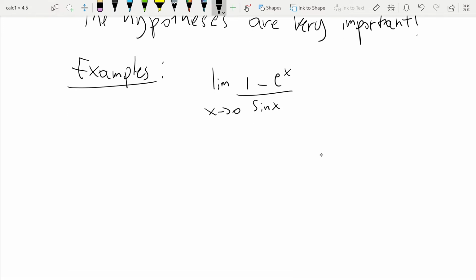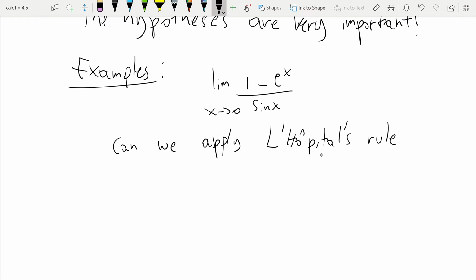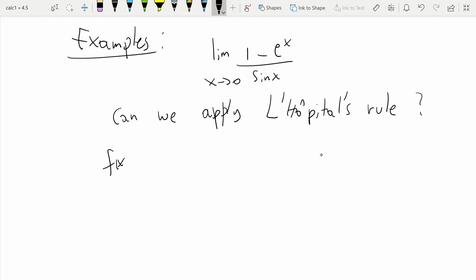So can we apply L'Hopital's rule? Okay, let's see. f of x, in this example, is 1 minus e to the x, and g of x is sine of x.